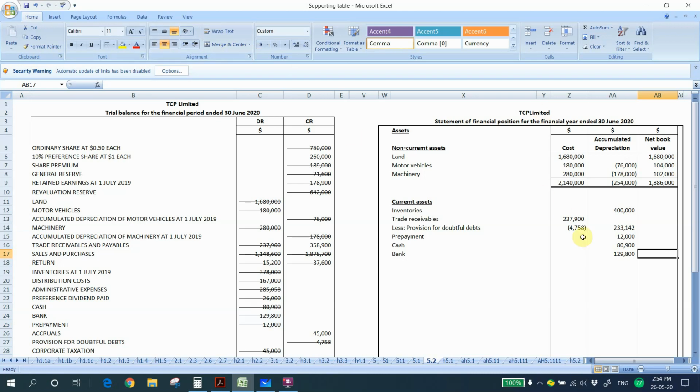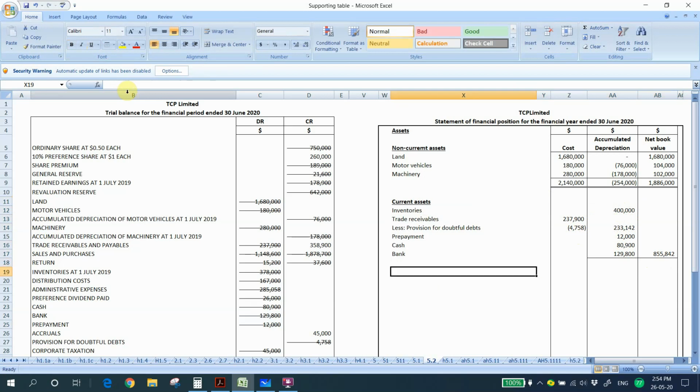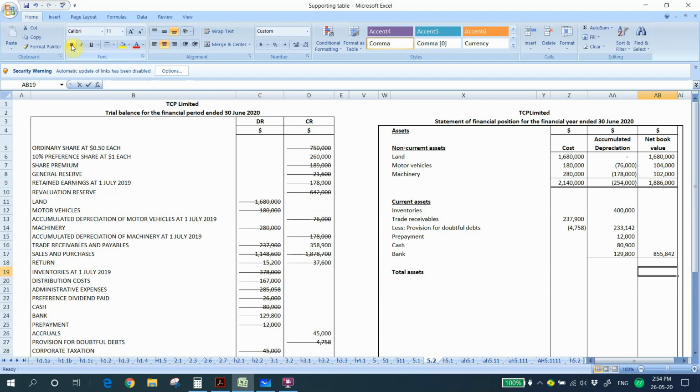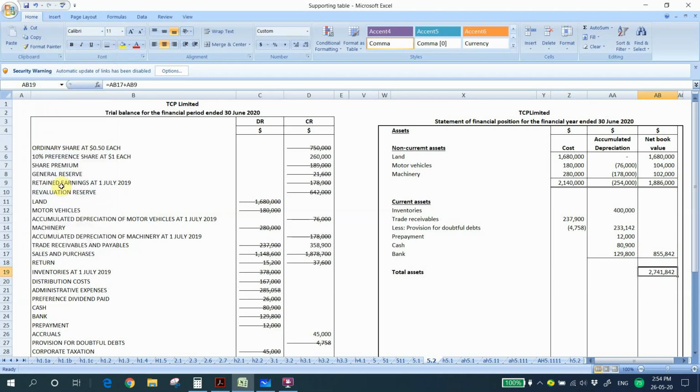So our total non-current asset, total current asset will be 855,842, and our total asset will be the sum of your current and non-current. $2,741,842.